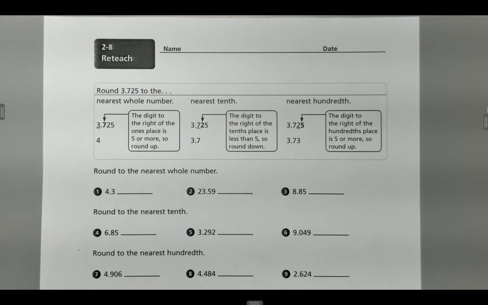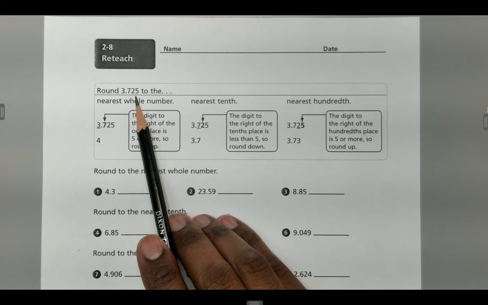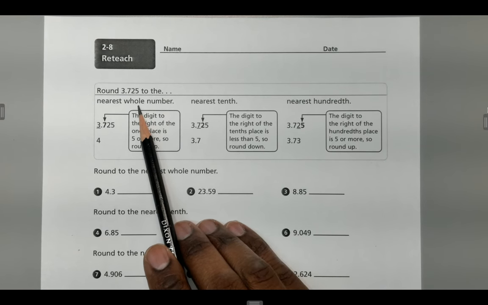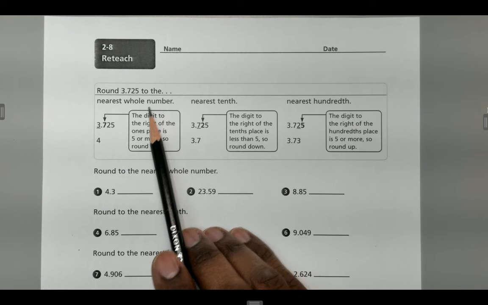Lesson 2.8, rounding decimals. Let's take a look at the example that's worked out here for us. We're given a starting decimal of 3 and 725 thousandths, and first asked to round this decimal to the nearest whole number. Since we're rounding to the nearest whole number, think of that as the ones place value.